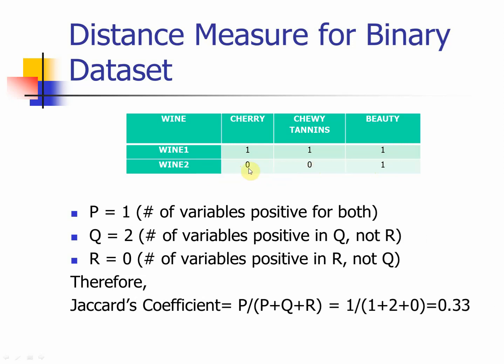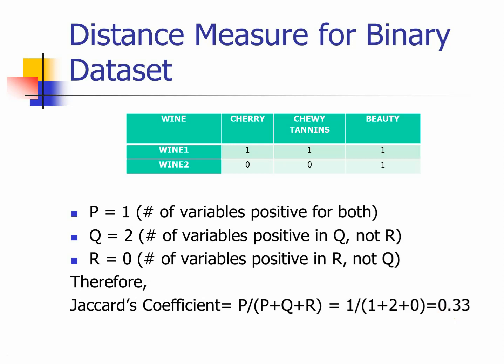And there are no attributes in y2 that are positive and negative for y1. So we can see that R is 0. Therefore, when we calculate Jaccard's coefficient, it equals P, which is 1, over P plus Q plus R, and that gives you the value of 0.33. So that is how you can calculate the coefficient in binary data sets.